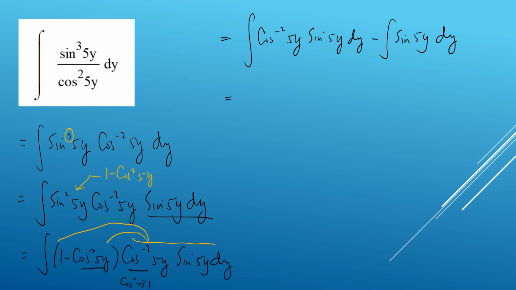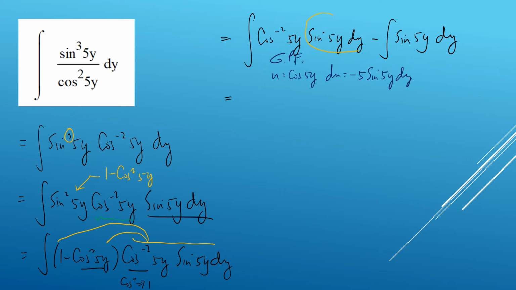For the first integral, we can apply the generalized power formula, where u is cosine of 5y and du is negative 5 sine of 5y dy.